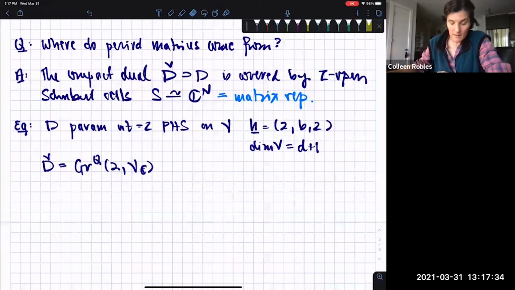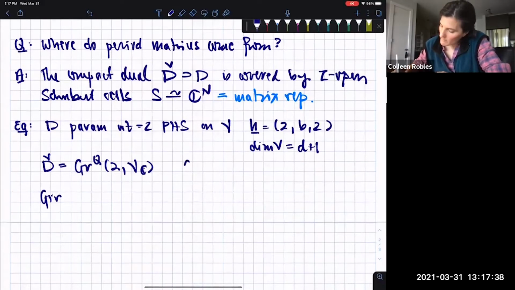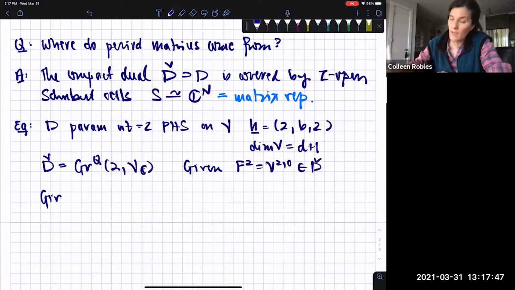And given some F2, which will be my V20 inside the compact dual, I'm going to describe the coordinate chart around it, the Zariski open Schubert cell that contains it.